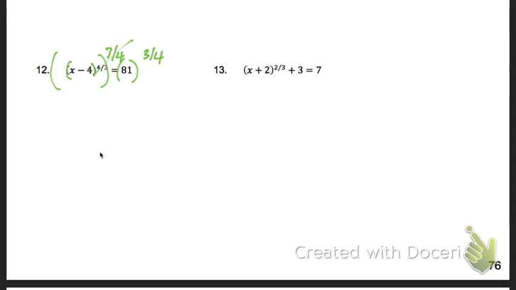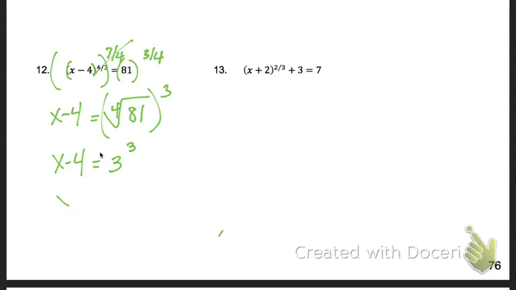So I'm left with x minus 4 equals 81 to the 3/4, which is the 4th root of 81, and then cubed. So what's the 4th root of 81? Not 27, 3. Because 3 times 3 times 3 times 3. 3 cubed. So x minus 4 equals 27, plus 4.